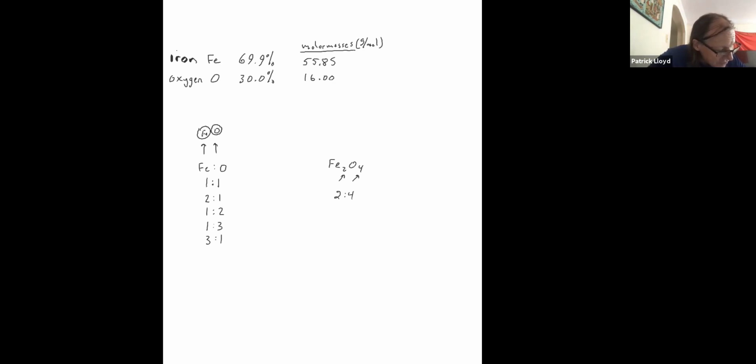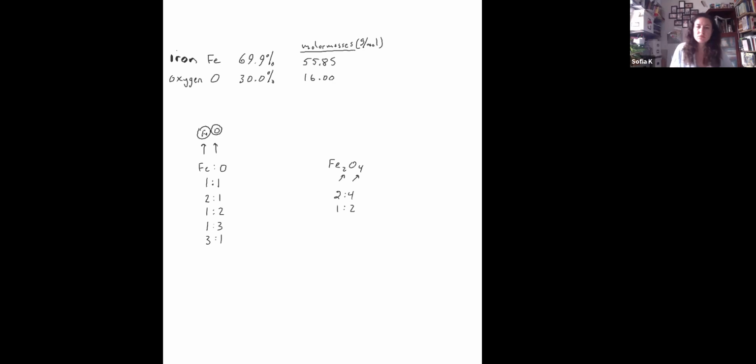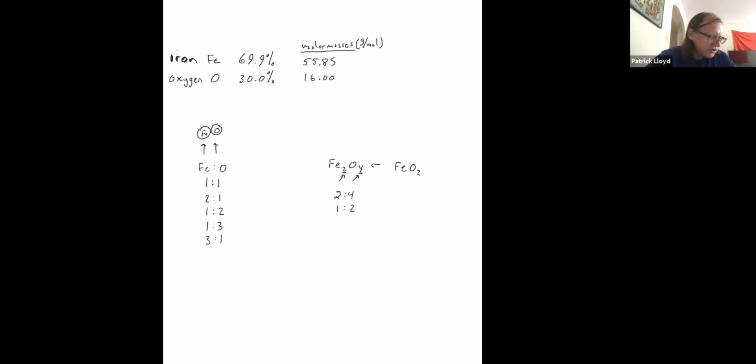Well, that ratio 2 to 4 is the same as 1 to 2, right? So the empirical formula never shows higher numbers like 2, 4, 3, 6, multiples of each other. It always shows it in the lowest possible ratio. So that would be like FeO2, 1 iron to 2 oxygens, would be the empirical formula.